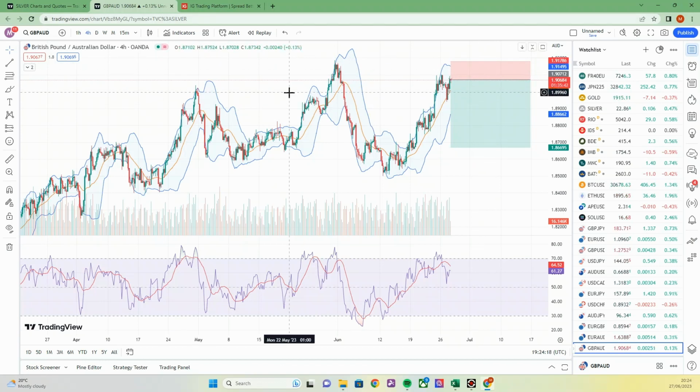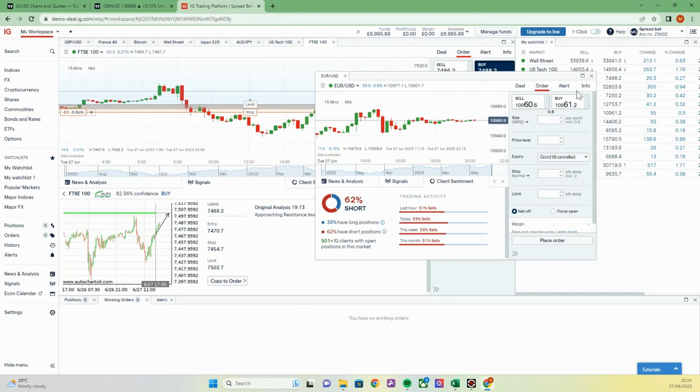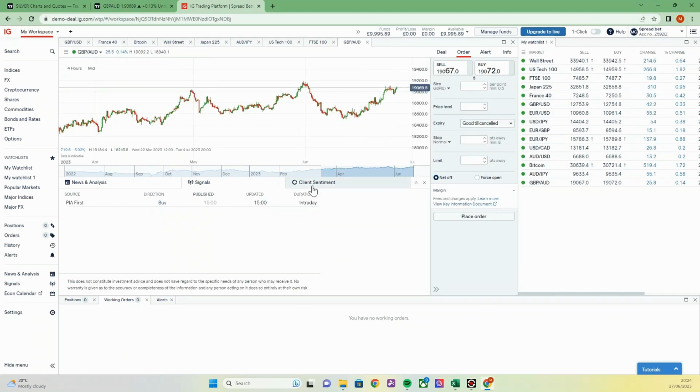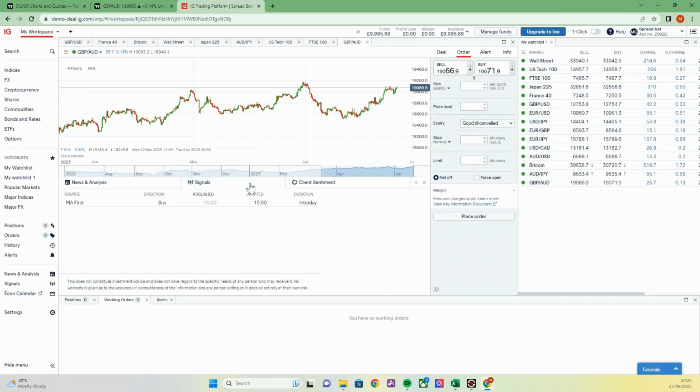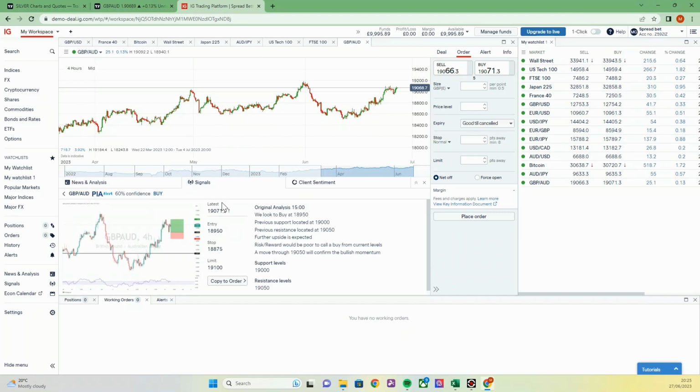What is the sentiment on British pound, Australian dollar? Sentiment 68% shorting. It's got to be really in it. Buy intraday, really? You reckon? We look to buy at 18950. Stop 18875, and take profit at 19.1.